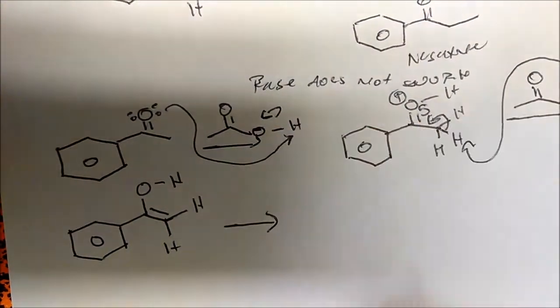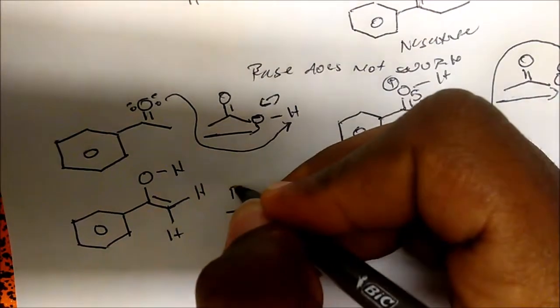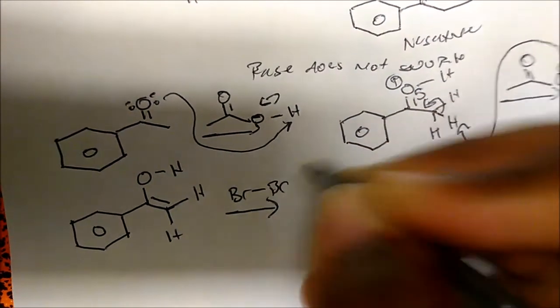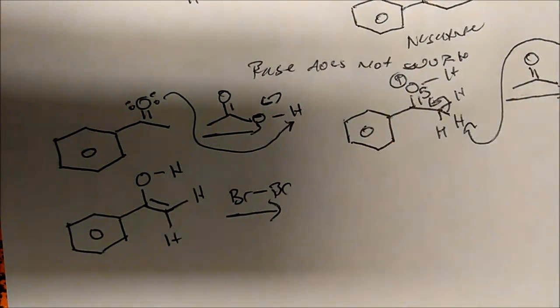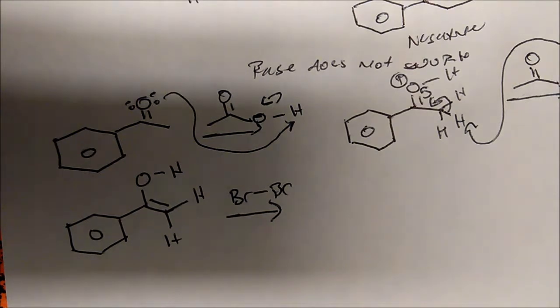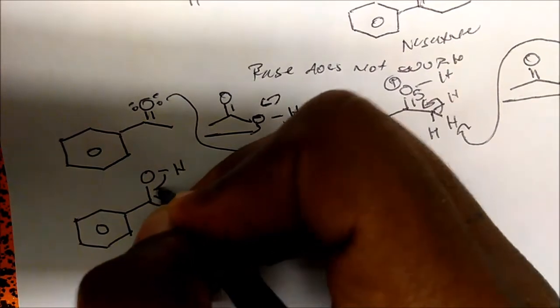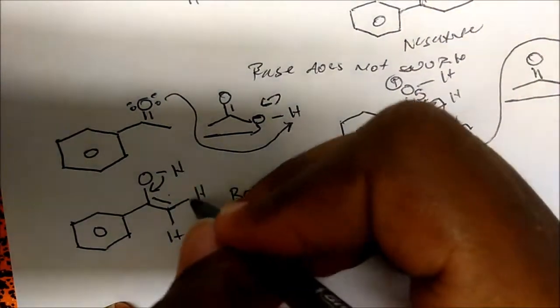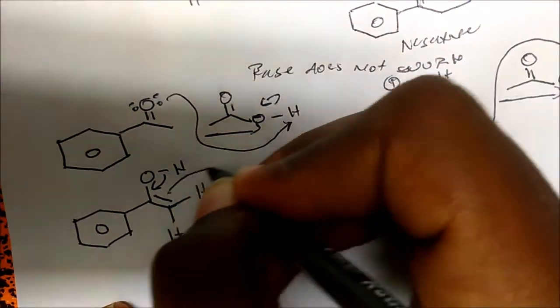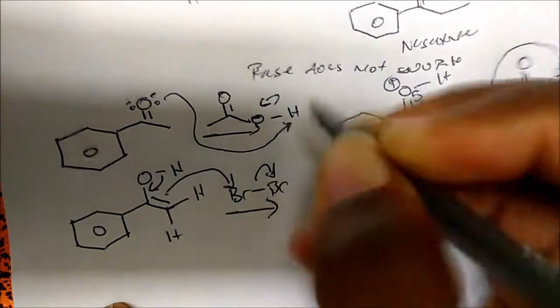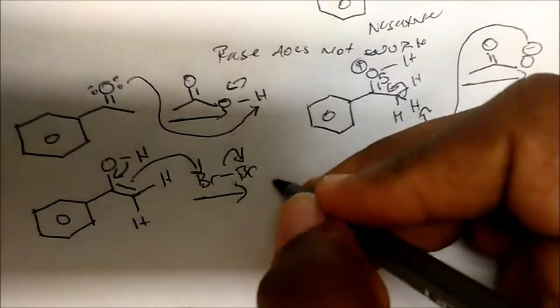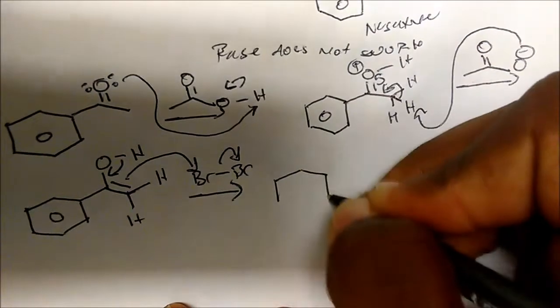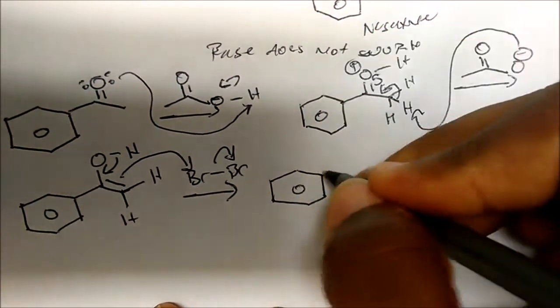Now what's going to happen in the next step? Let's add Br2. If we want to add a halogen to a methyl ketone, then we need to use acid, which is exactly what we're using. So this will now come in, form a double bond, and this double bond will act as a nucleophile and attack the bromine atom, and displace the other one simultaneously. So now we have a structure that looks like this.